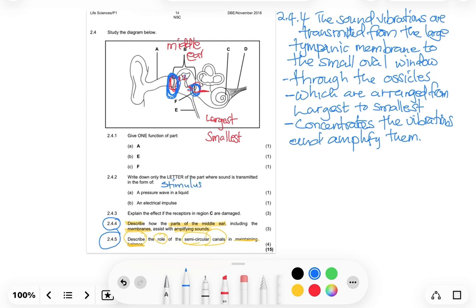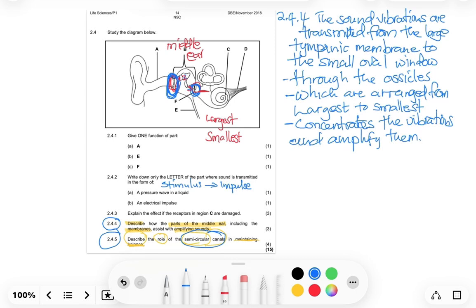Because we are talking about semicircular canals, the stimulus will be the change in speed or direction. We start with the stimulus, which is converted into a nerve impulse.